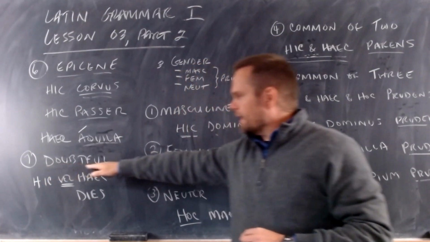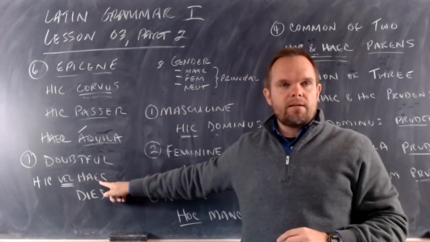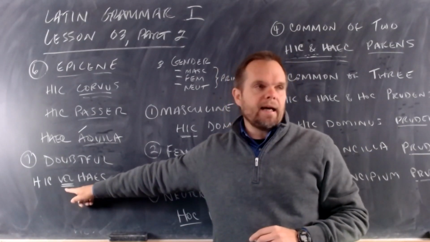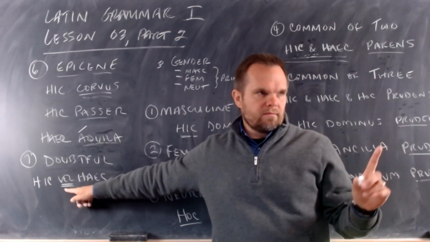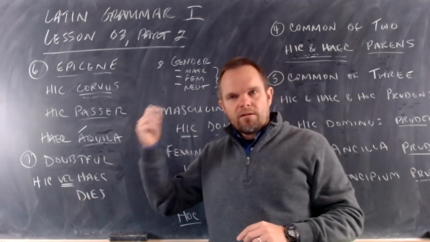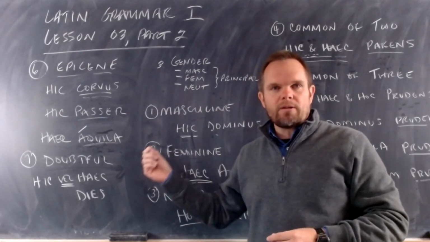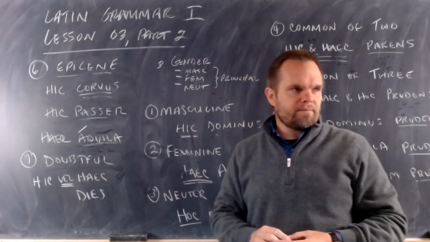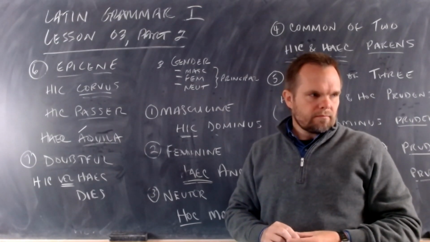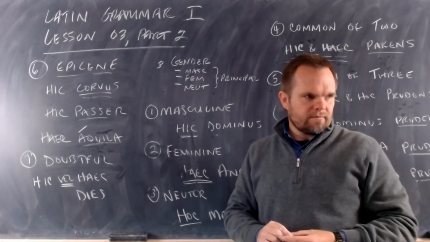When we look at the doubtful, we have hic and haec again, but we don't have et, we have vel, which means or. And as little as that difference is, it's actually important. That's actually the difference between the two genders. And it's important. Okay?